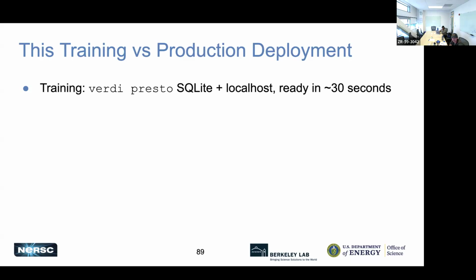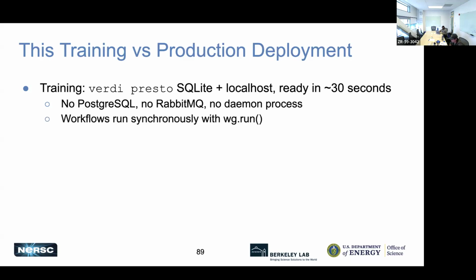Things can get started and be prepared in less than a minute. We're not using Postgres, and we're not using RabbitMQ, and we're not using the AiiDA daemon process. Those things, if you were doing production, are things that you would want to be running in Spin.